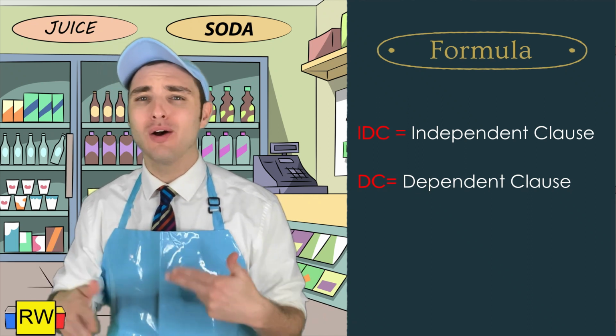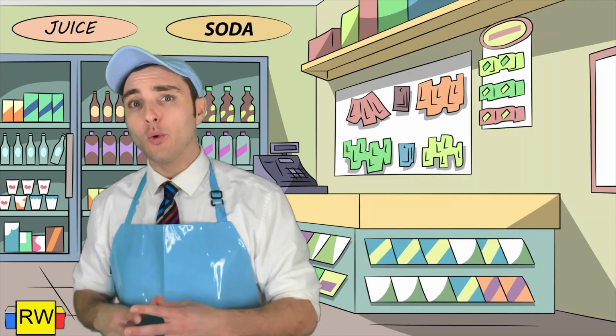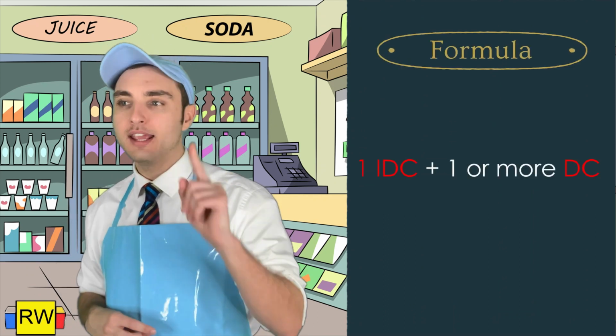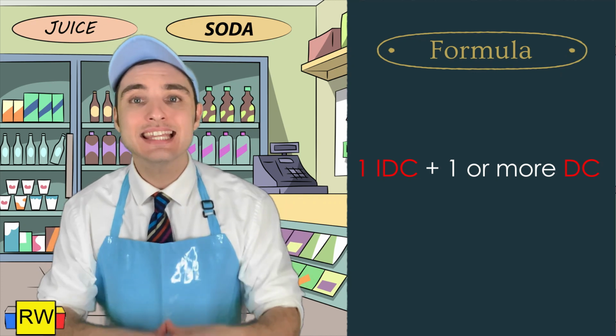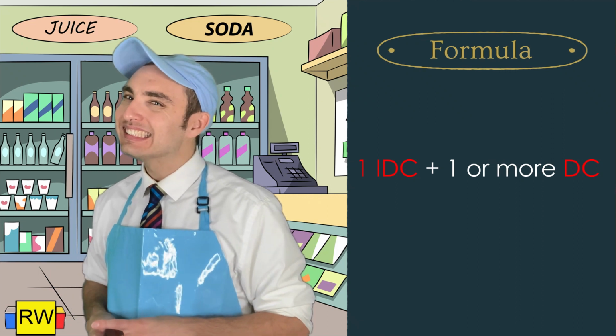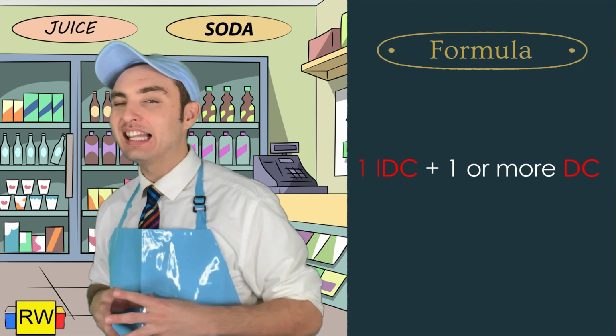This is just to help you out a little bit more when we're going through our formula. So, the formula for this arrangement of a complex sentence is one independent clause plus one or more dependent clauses. You'll notice, though, that there's no comma to separate them, and we'll talk about that a little bit later.